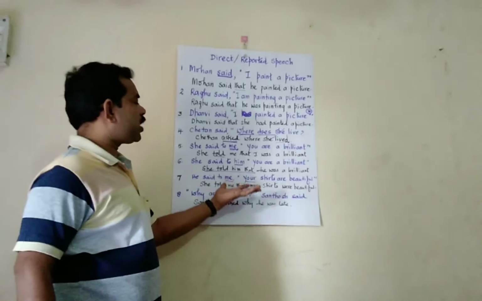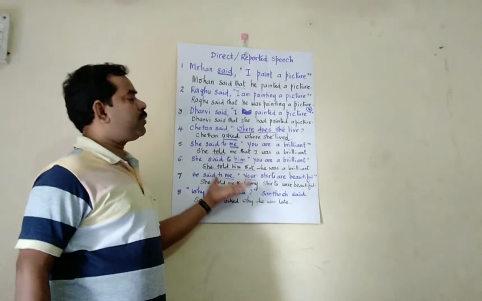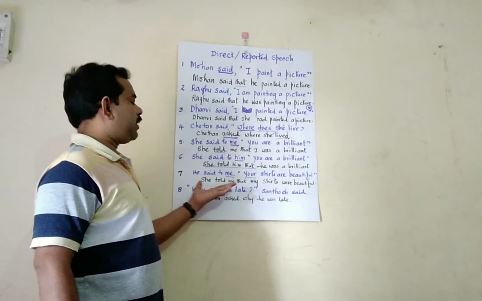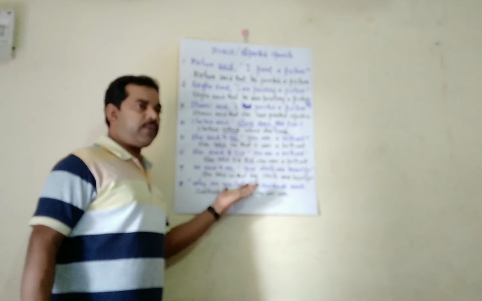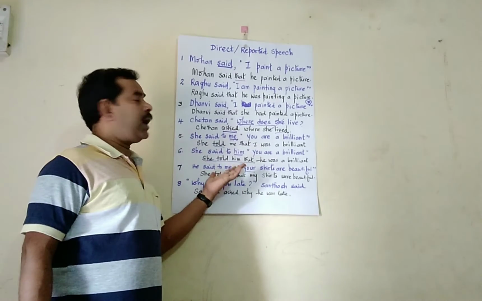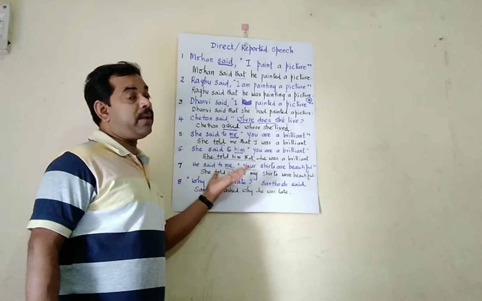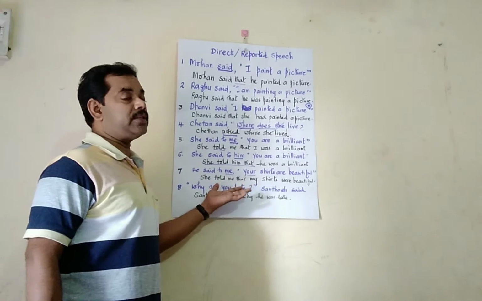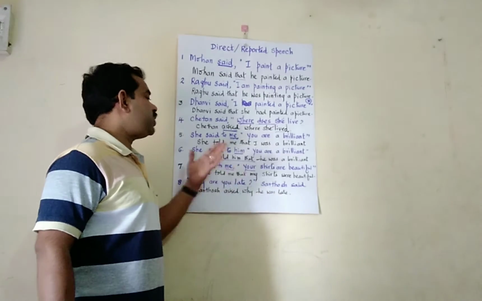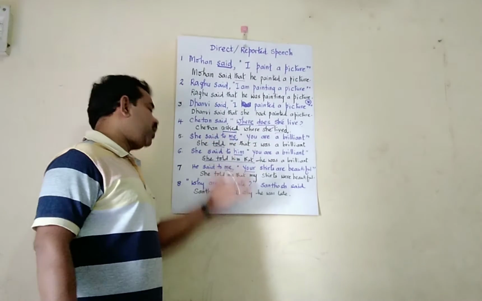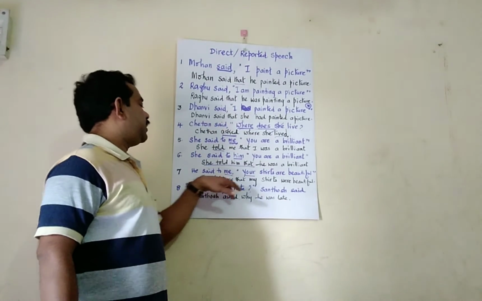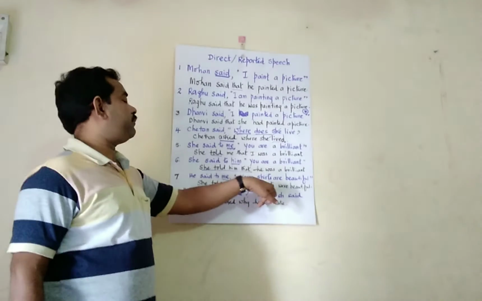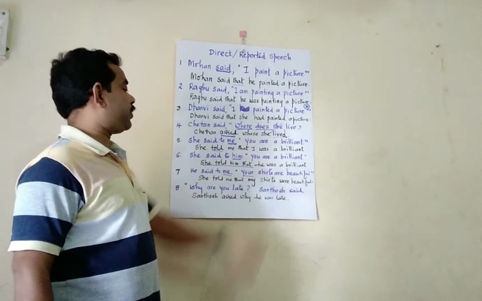So please look into the rules, because you have to concentrate on the verb reference, pronoun reference, time reference, and even the tense reference. Very important, very crucial thing is what is called the tense reference. You have to look at which tense it is. Correspondingly, we have to take the respective tense while changing from direct to reported speech.